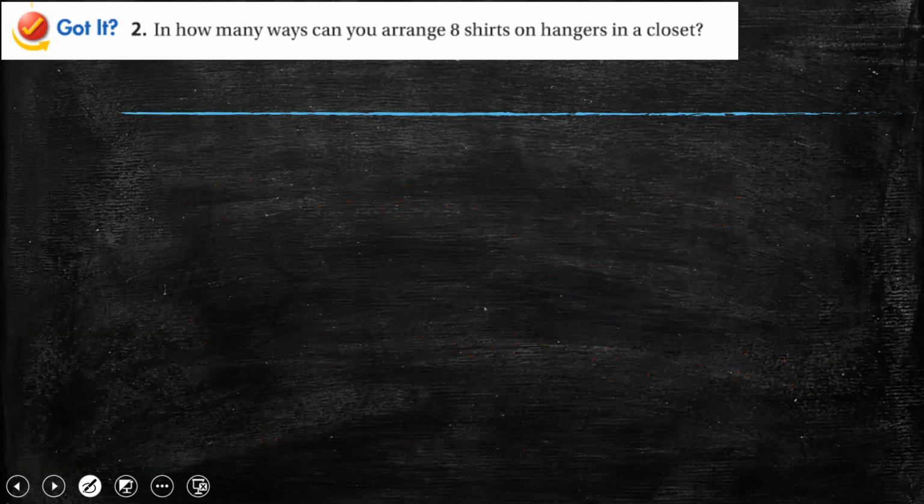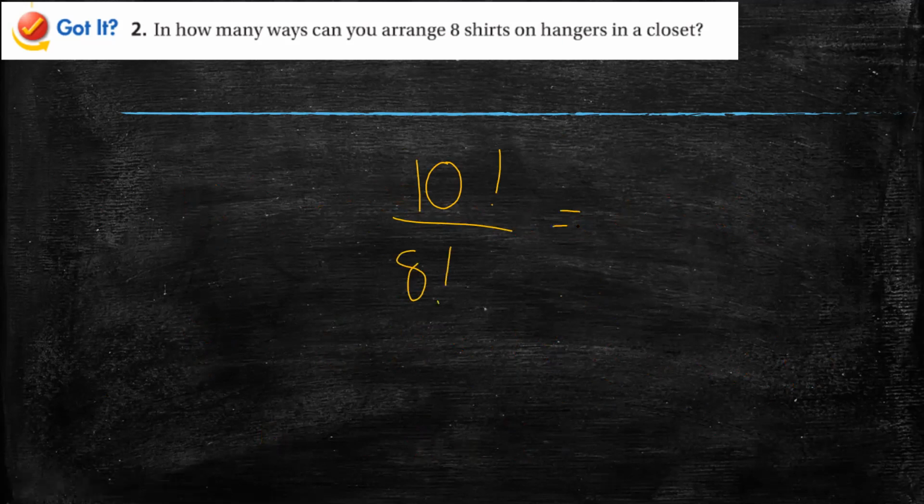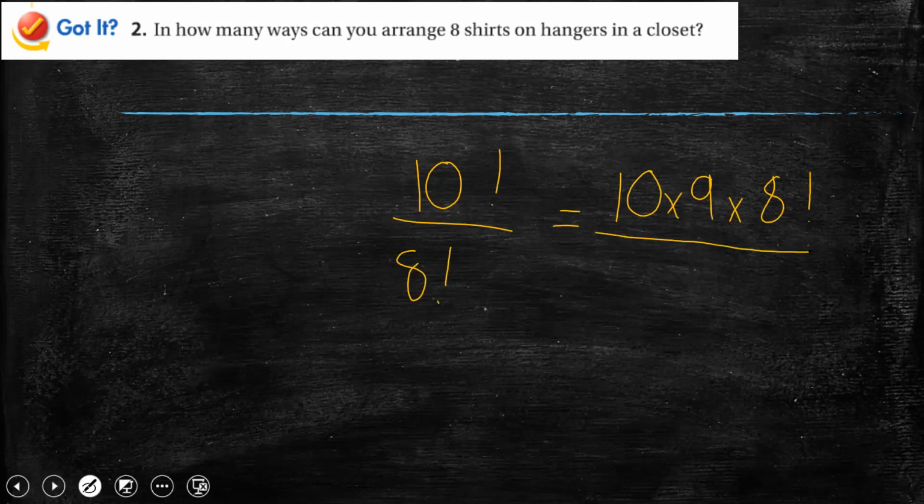Why do I use it? Sometimes if I'm asked to simplify like this, how can I simplify? I can write 10 factorial as 10 times 9 times 8 factorial over 8 factorial, and then after simplifying, I get the answer 90.